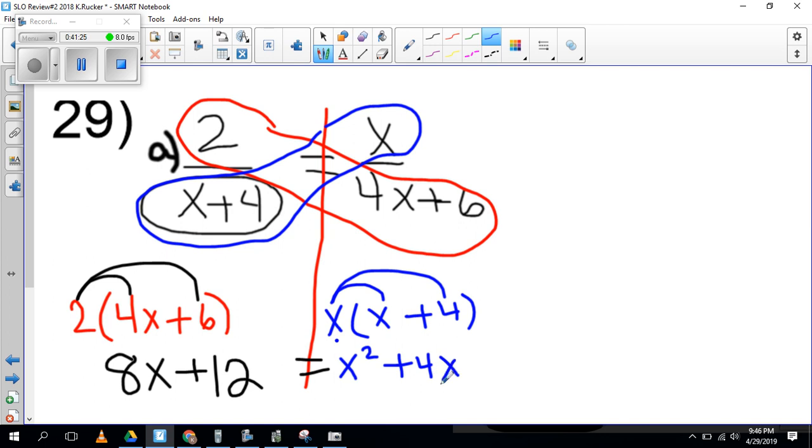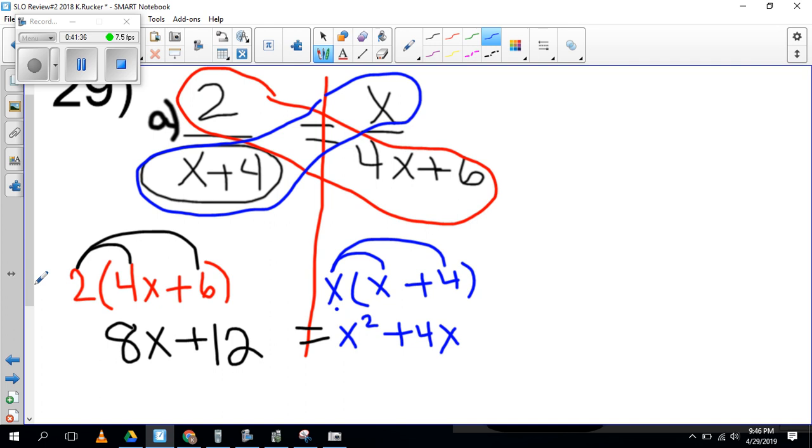So remember our rule of thumb. We're trying to get like terms together. And the only like terms that I see are this 8x and 4x. And remember, if x squared does not go away, that means everything has to go to him. So we're going to subtract 8x from this side.